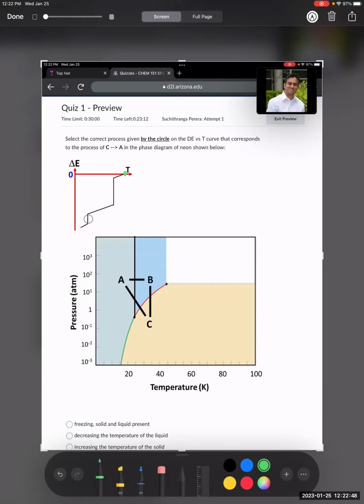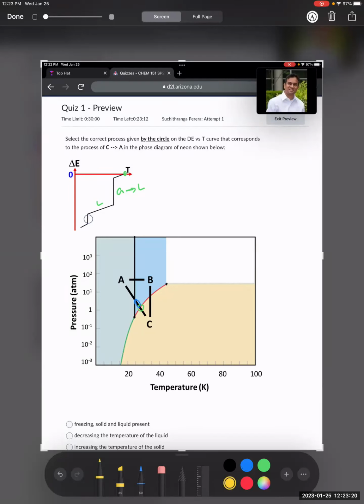And then during the phase transition, which is this point over here, the gas is becoming a liquid. And once everything has become a liquid, then again, when you decrease the temperature, which is this region over here, the temperature decreases, and so does the energy. And at the phase transition temperature, you see that the temperature is not changing.